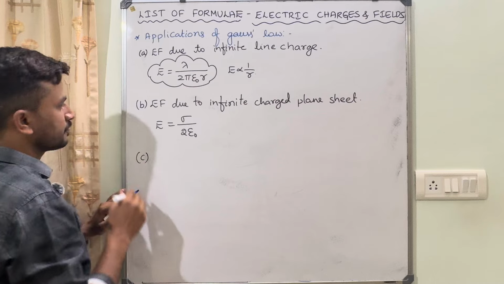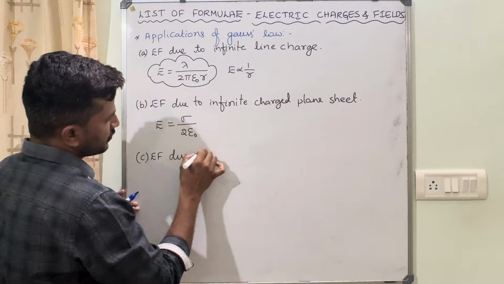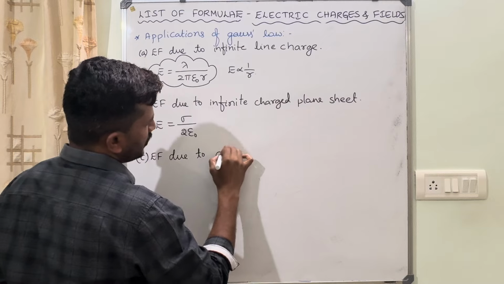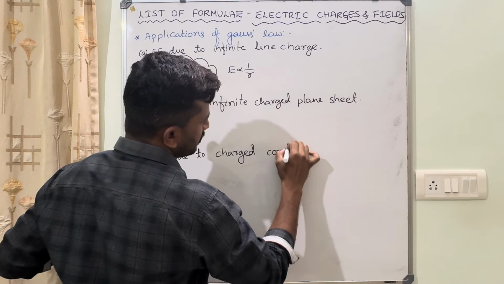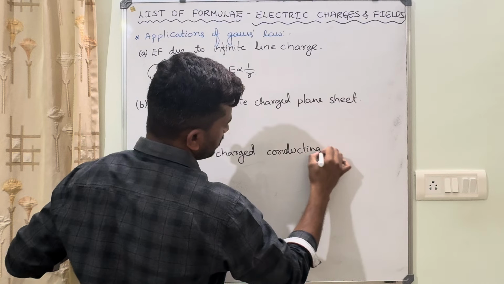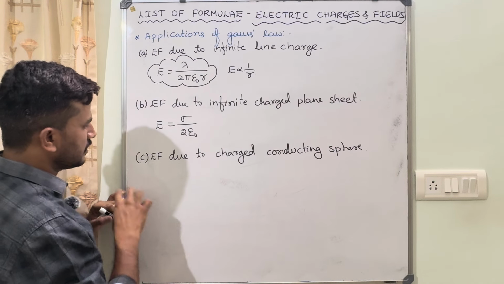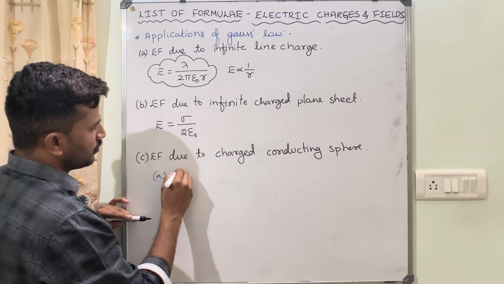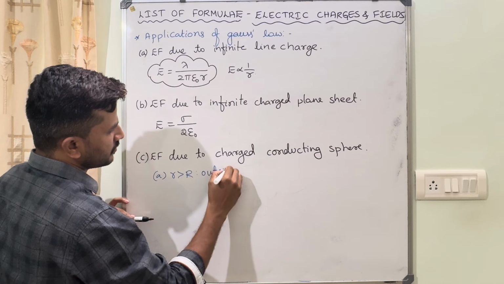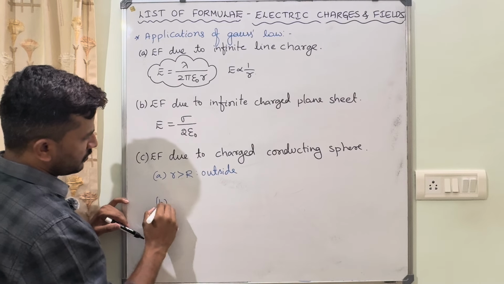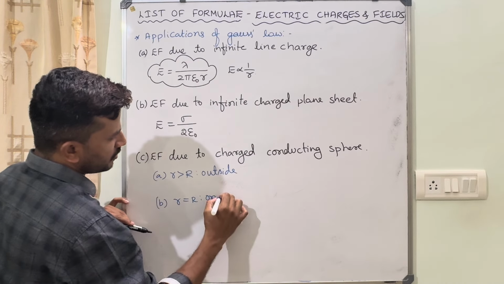C, electric field due to uniformly charged conducting sphere. In conducting sphere we have three cases. One is outside the sphere, that is r is greater than capital R. Second one, r is equal to R, on the sphere, just outside the sphere or on the sphere.